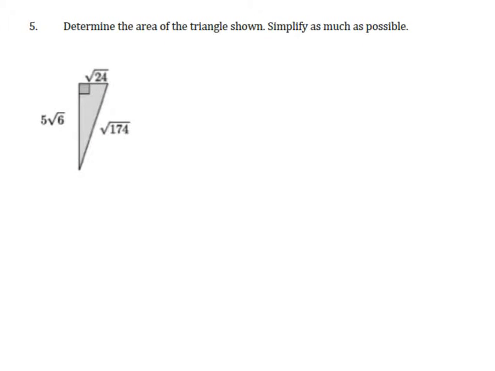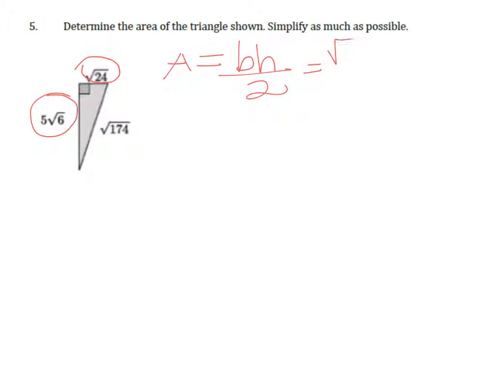The next one, we want to determine the area of the triangle. So that's base times height divided in half. So this is our base. This is our height. Radical 24 times 5 radical 6 divided by 2.